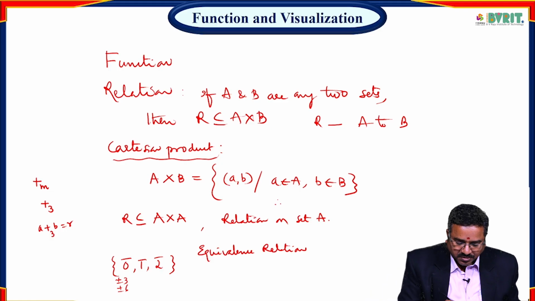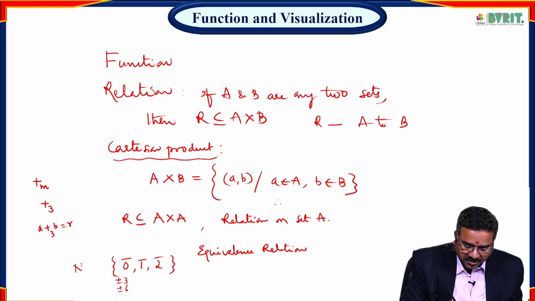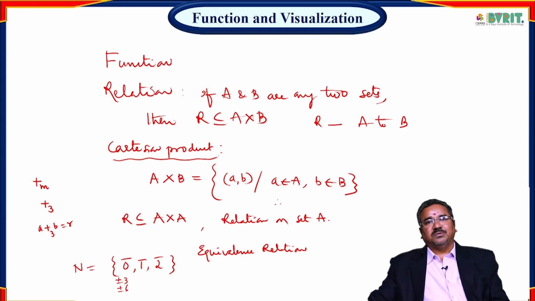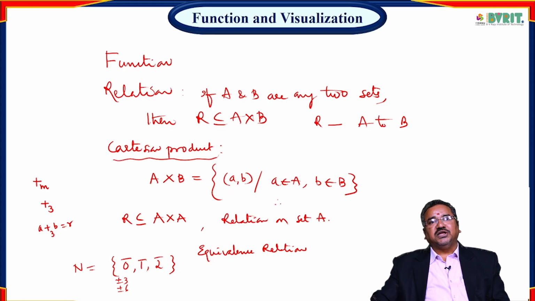So the set of whole numbers I divided into only 3 groups by defining the relation only. What relation? Addition modulo 3. This relation is an equivalence relation. So this equivalence relation divides the whole set into disjoint sets. Here 0 bar is one equivalence class, 1 bar is one equivalence class, 2 bar is one equivalence class.